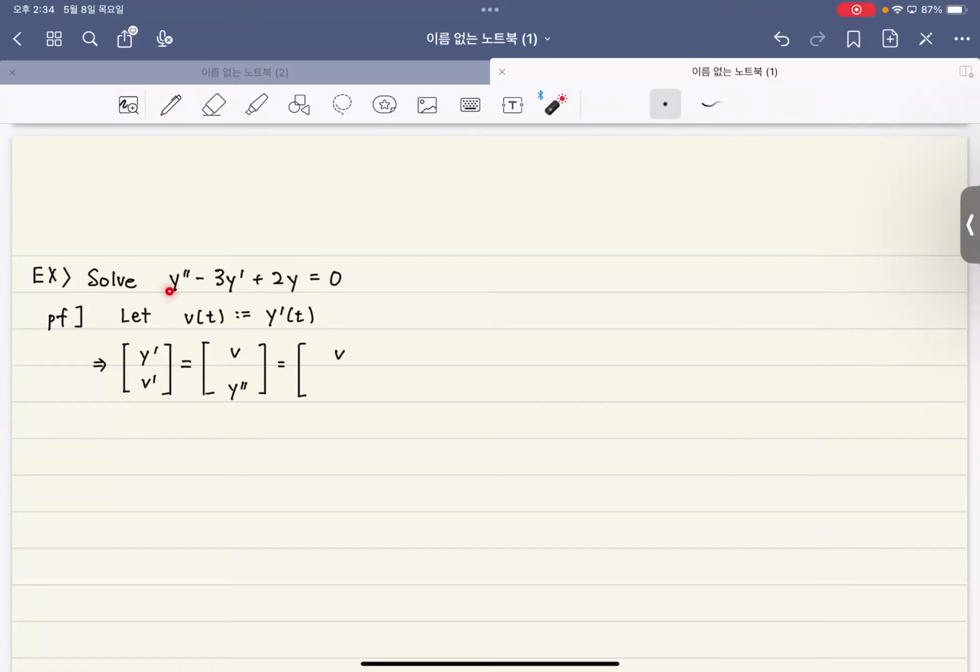Solving this equation for y double prime, this is minus 2 times y plus 3 times y prime. But y prime was defined to be v. So please allow me to write down like this.